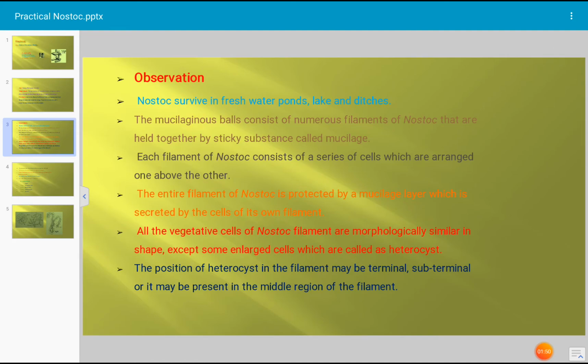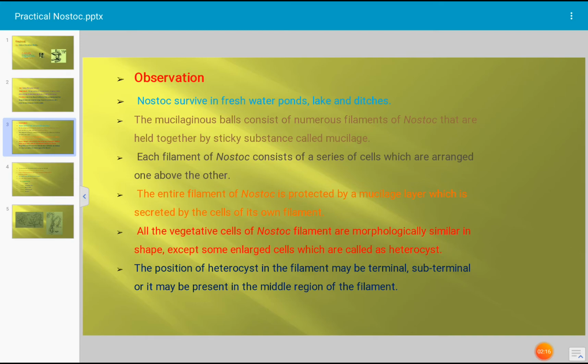Nostoc is an algae that survives in freshwater ponds, lakes, and ditches. It is very common, and it occurs in a colony or in the form of a mucilaginous ball, and that ball consists of numerous Nostoc filaments. That sticky substance is known as mucilage.